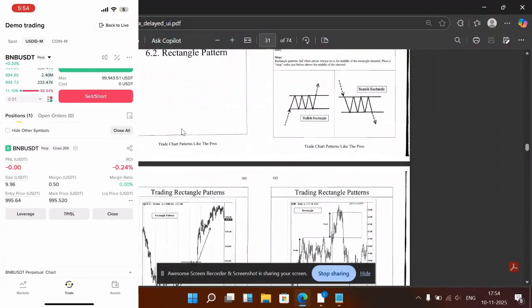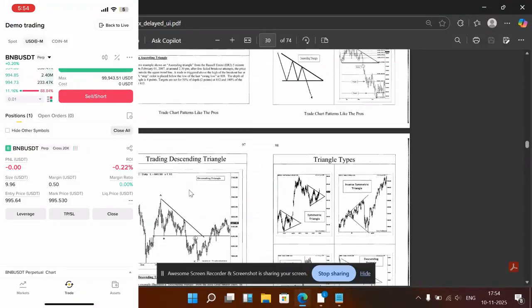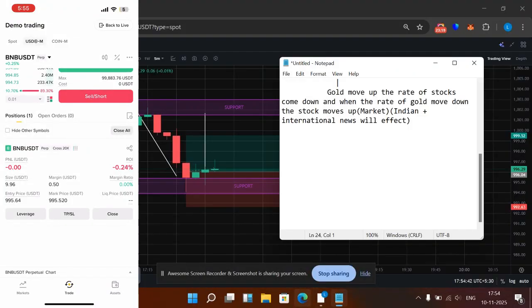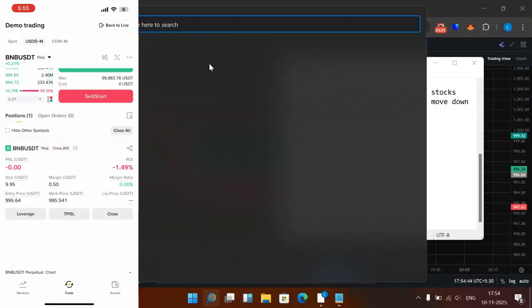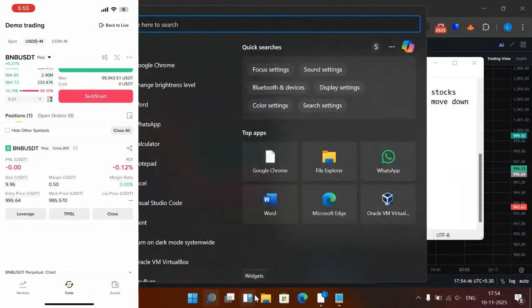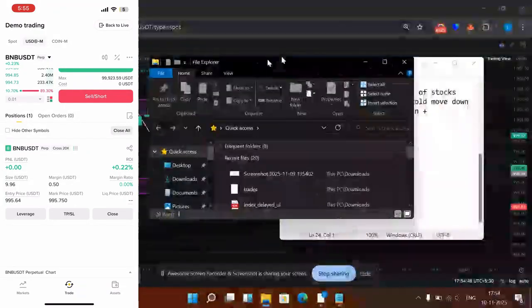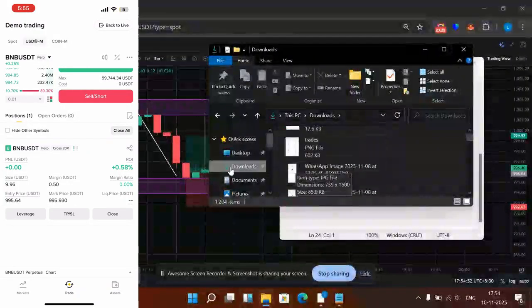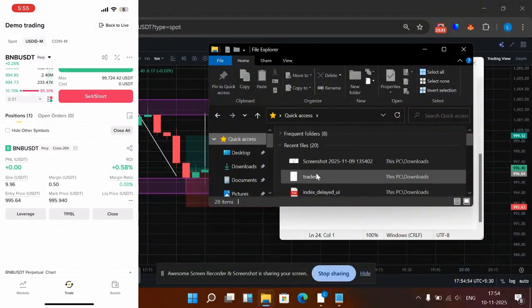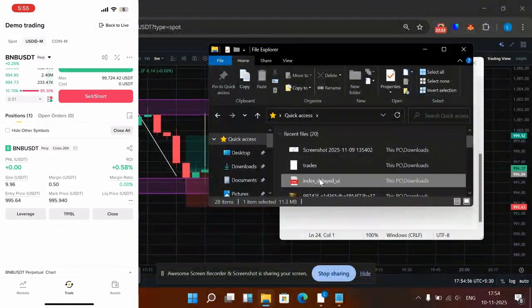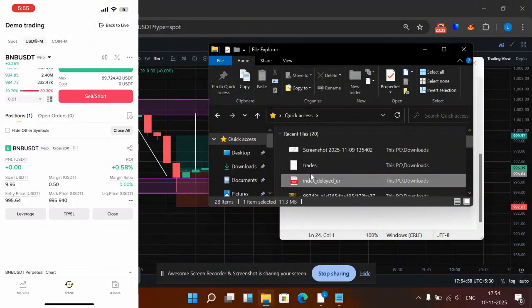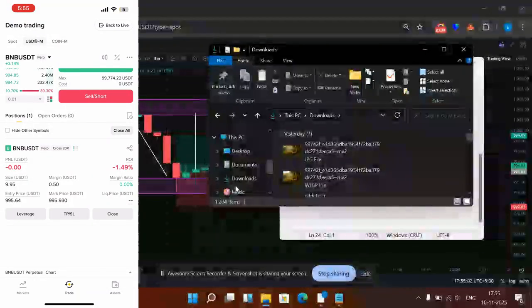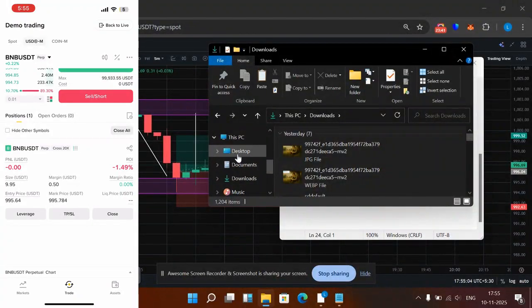Now here, let me just duplicate this so that I can actually write on this also. Let me open this and we go to downloads. Let me just do it from quick access. This is in our downloads. We are going to paste it. Control C. Okay, let me do this in the desktop.